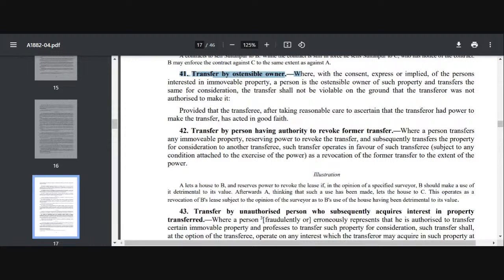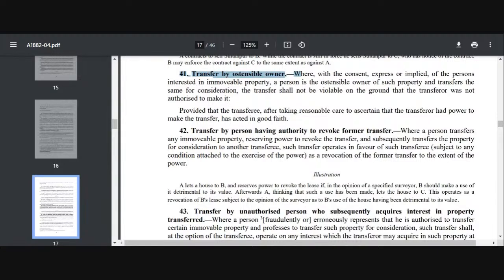Now if such a person transfers the property, then the transfer shall not be voidable on the ground that the transfer was not authorized. So previously we had benami transactions, but now after the Benami Transaction Act of 1988, section 41 is subject to the provisions of the Benami transaction law. Almost always you will see that you have to follow the Benami Transaction Act rather than going to section 41.